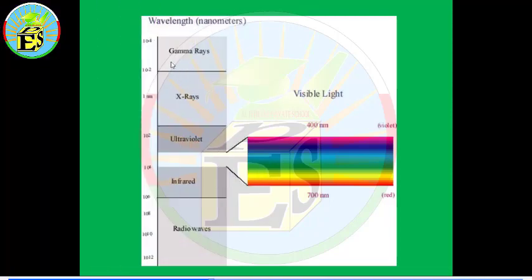Visible light is between 700 nanometers and 400 nanometers, the shortest being violet. After that we have ultraviolet, and before that we have infrared. We start with radio waves, infrared, visible light, ultraviolet, X-rays, and gamma rays.